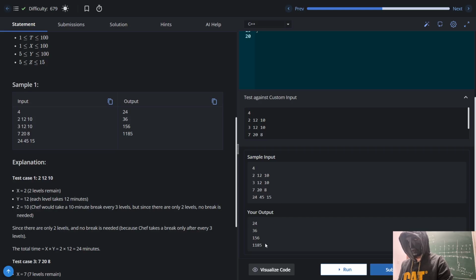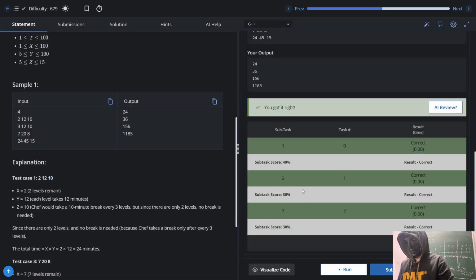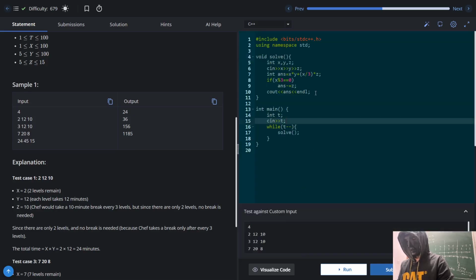So 24, 36, 156, 1185, which is correct. Let's try to submit the code. Yeah, it got accepted. So basically it was easy only.